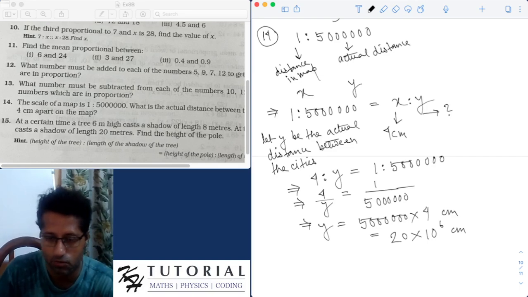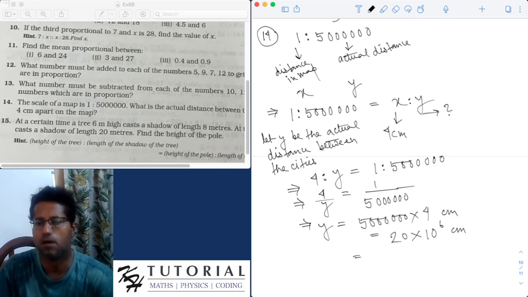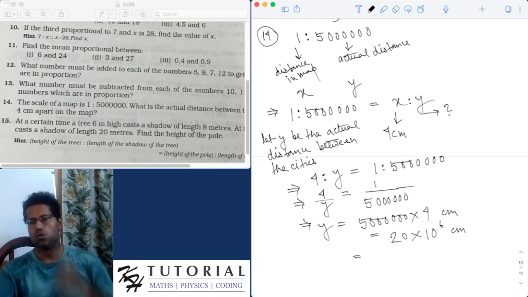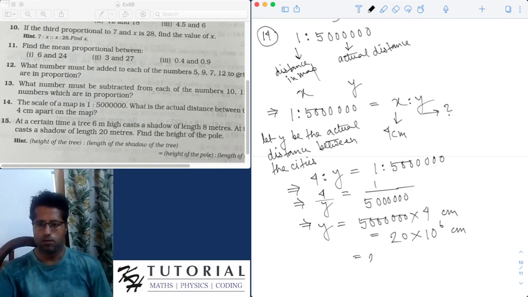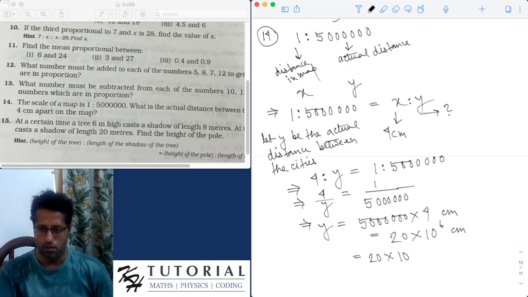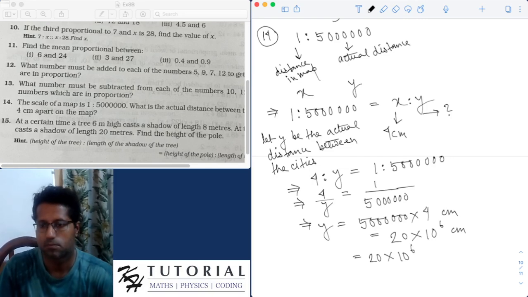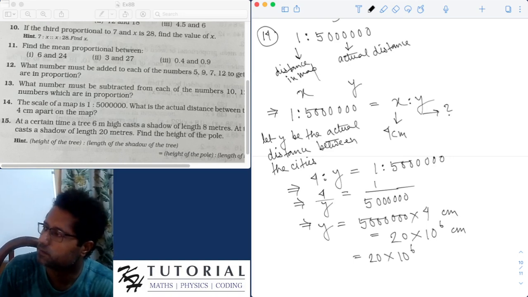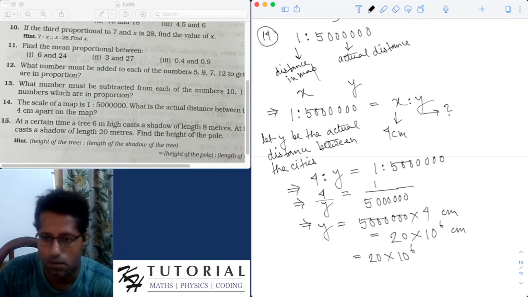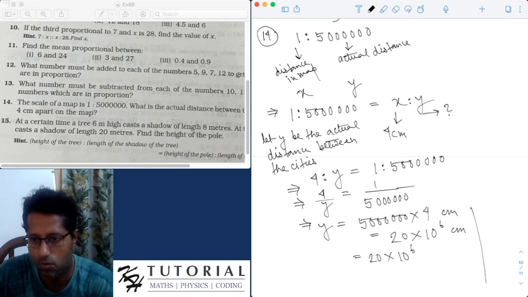So this is 20 into 10 to the power 6 centimeter. Okay, so we have to convert this into kilometer, I guess.